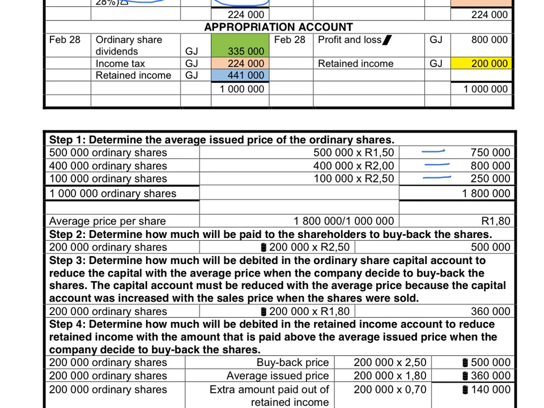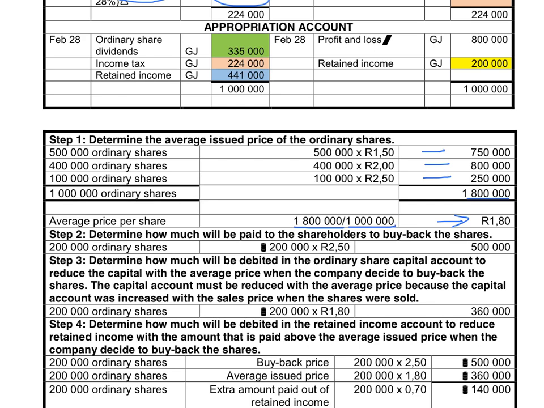So 1.8 million was received from the shareholders as capital. If I take the 1.8 million and divide it by the number of issued shares, the average price is R1.80.